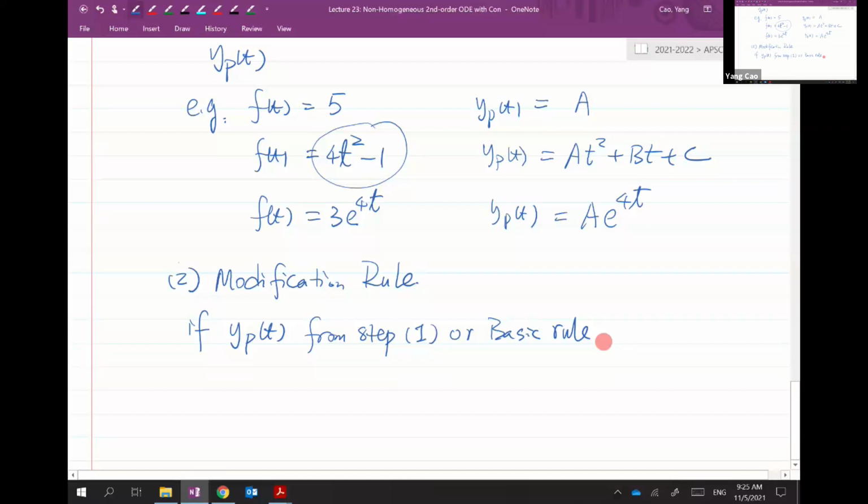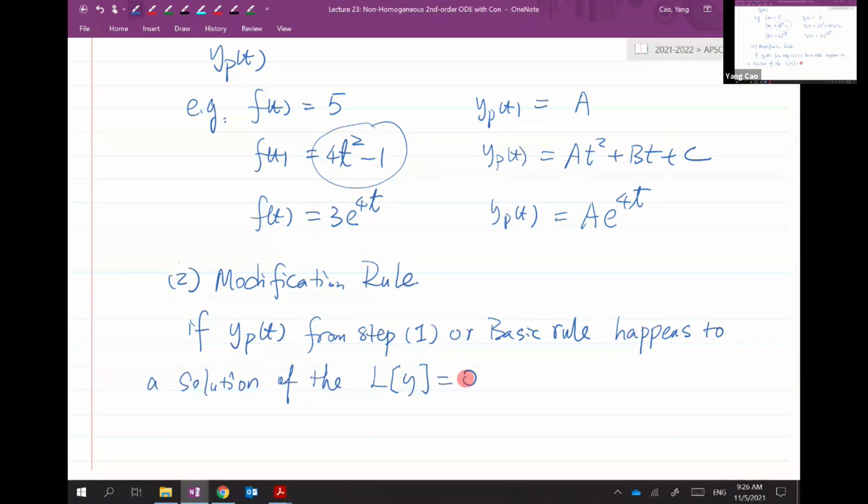if this yp that you picked happens to be a solution of the homogeneous ODE, that is, y double prime plus by prime plus cy equals 0. Remember how we solve for the homogeneous solution?